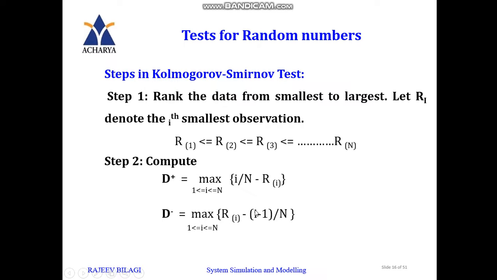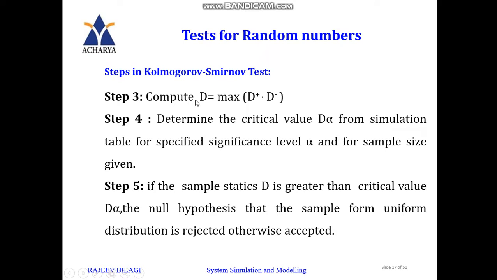Once you calculate D plus and D minus, you take the maximum of the two, that is D. Next, you need to find the critical value D alpha from the table. Alpha is the significance level, and capital N is the sample size of that given list of numbers.